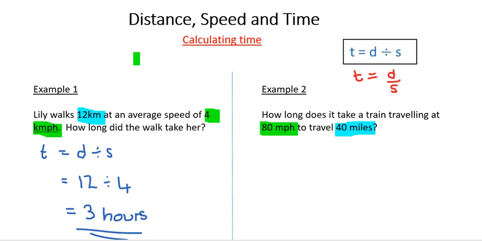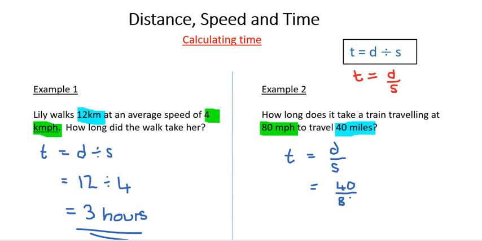So again, if I go to set up my formula, time is distance divided by speed. Again, we're going to write this as a fraction just because you'll see this probably more often. Distance divided by speed, so distance here was the 40. And we're dividing that by 80.